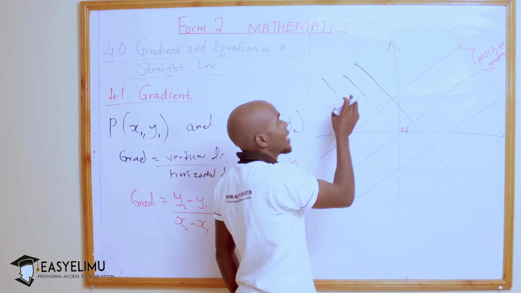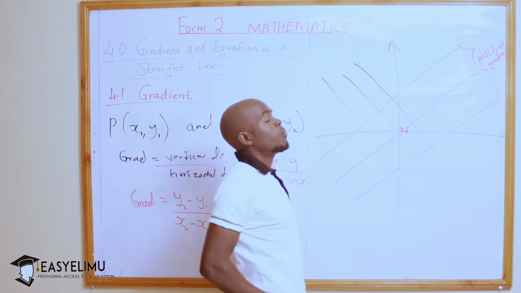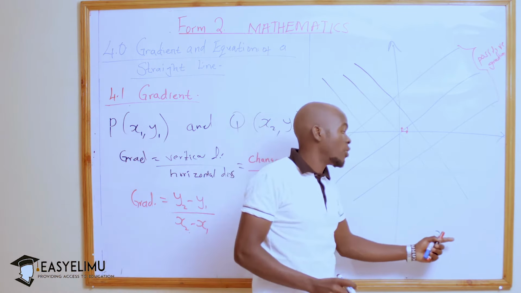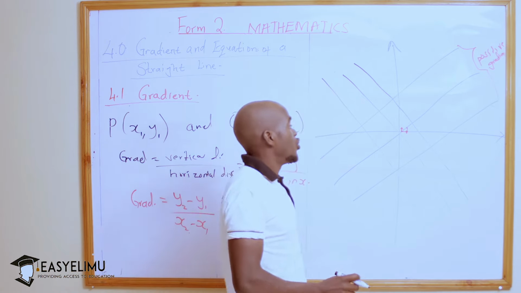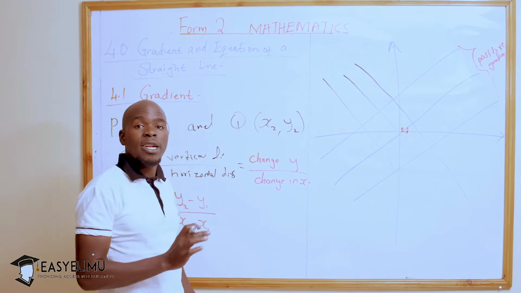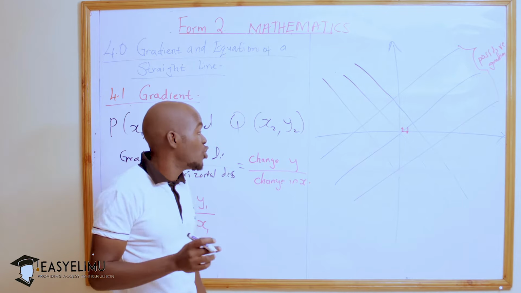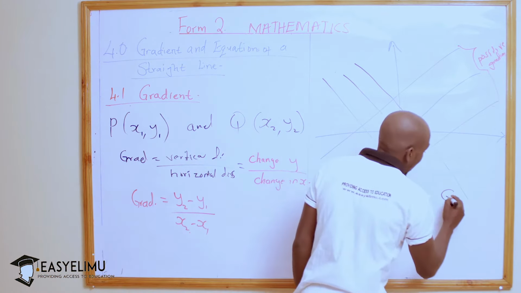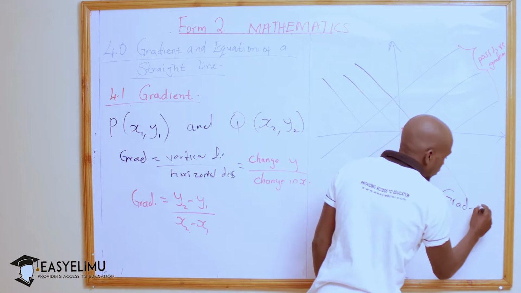If you have lines running from your top left hand side to bottom right hand side, you will find that if you evaluate the gradient of those given lines, the gradients are always negative.